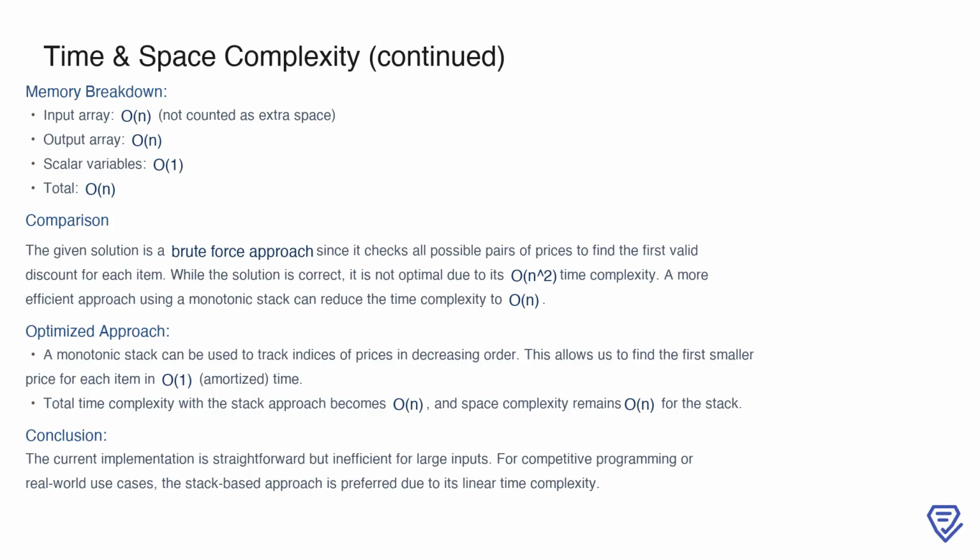This approach allows us to find the first smaller price for each item in O(1) amortized time. As a result, the time complexity of the stack-based solution becomes O(n), and the space complexity remains O(n) due to the stack. Overall, while the brute force method is easier to implement, the stack-based approach is more efficient and preferred for real-world applications or competitive programming scenarios.